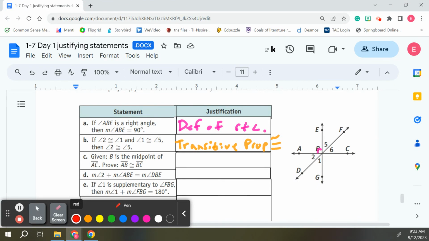How about C? Given B is the midpoint of AC, prove AB is congruent to BC. What could we use here in order to prove those two congruent? The keyword here is what?